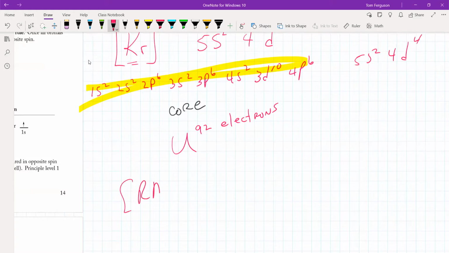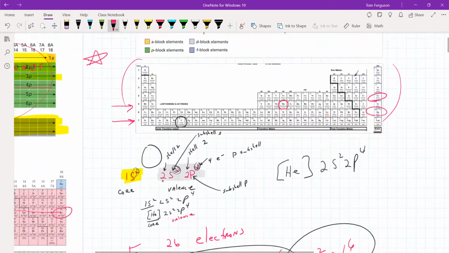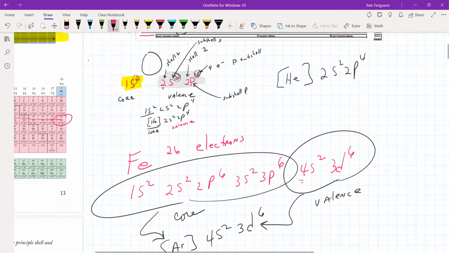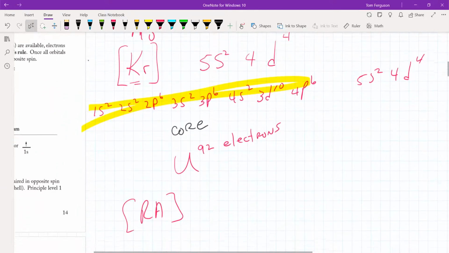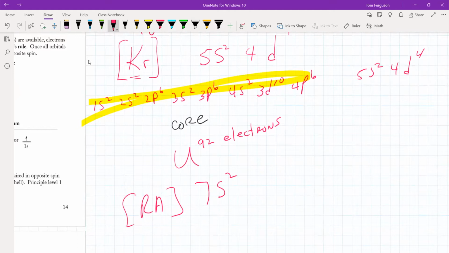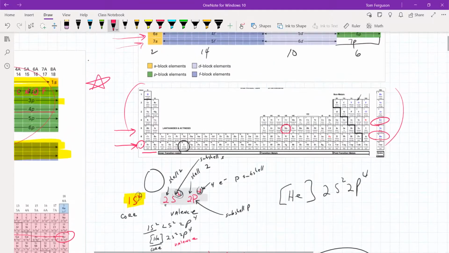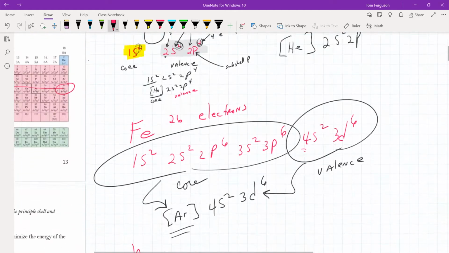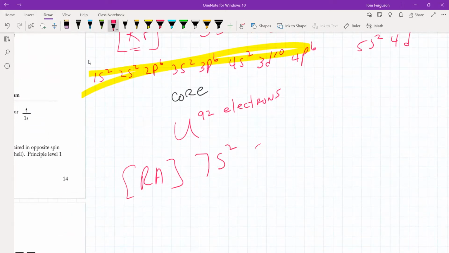So we're saying radium, and then 7s2, 5f4.